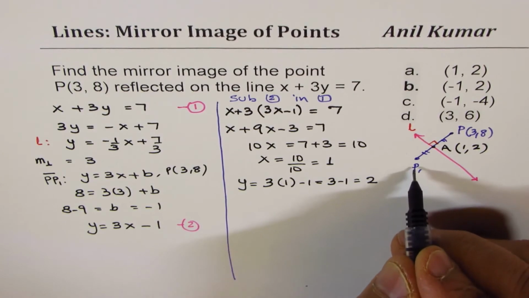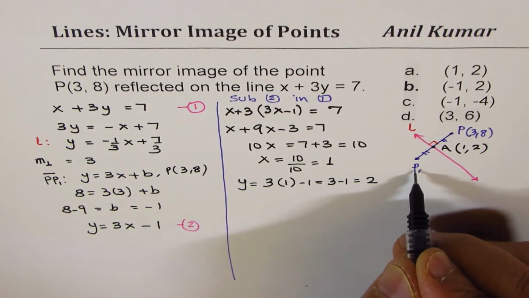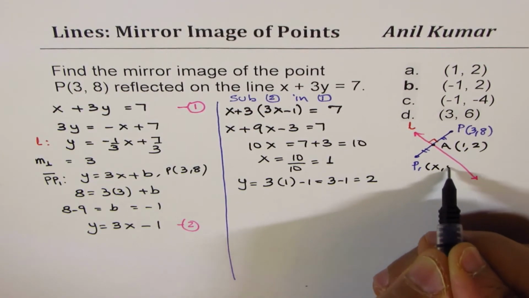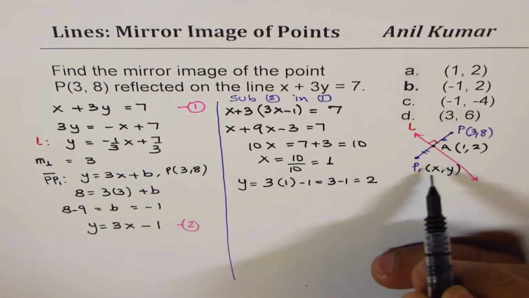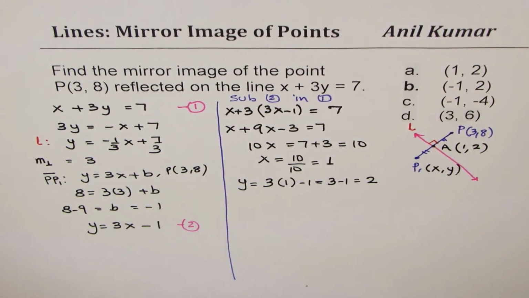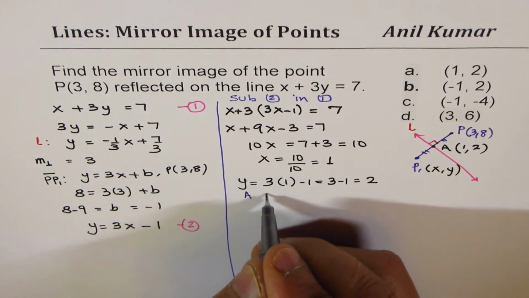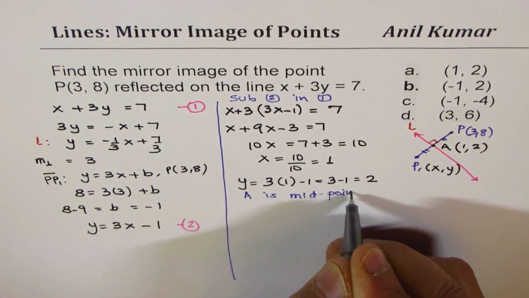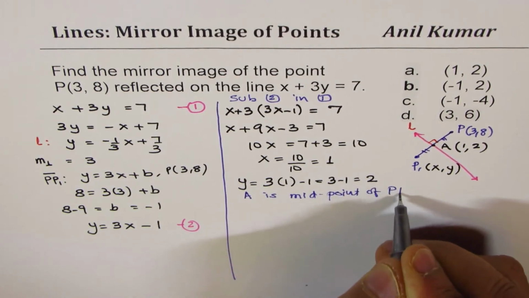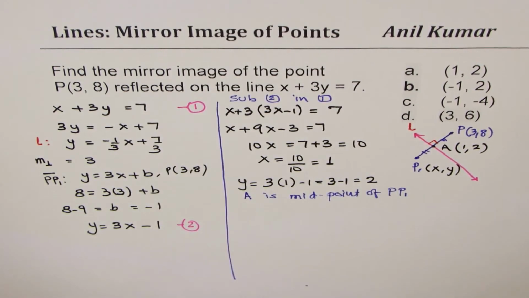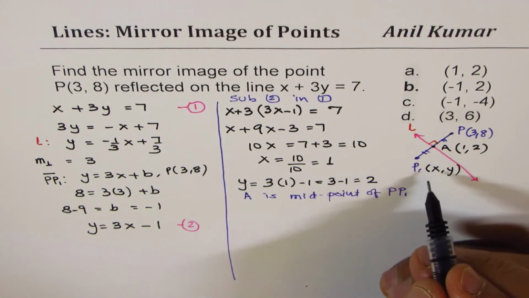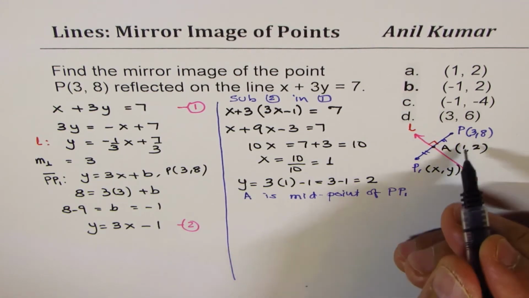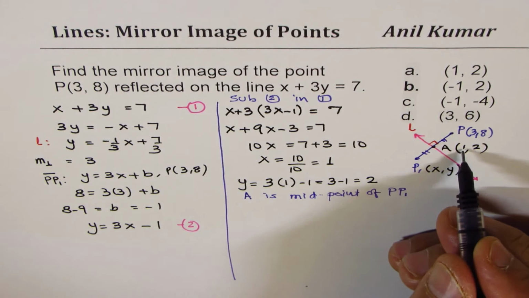Let us assume that the coordinates of point P1 are (x, y), which we need to find. In that case, A is the midpoint of PP1. So the midpoint formula, as you know, is when you add them and divide by 2, you should get the point A, right?